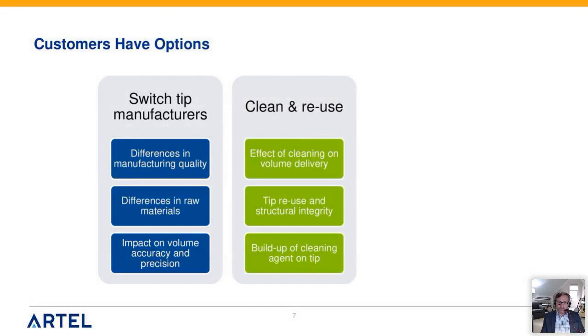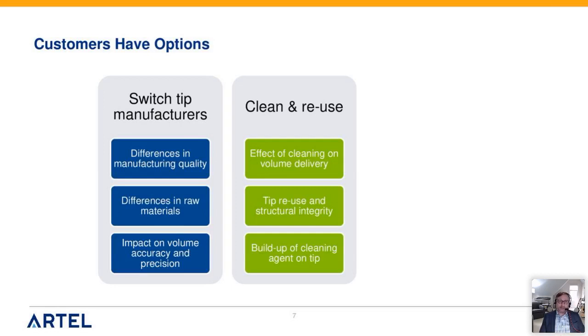A lot of people are switching over and doing the clean and reuse method. So these are the existing tips, and this has been employed for years in the automation realm. It's especially when people will take the tips and just do a simple water or detergent wash, but people are paying more attention to this now because of the shortage of tips.